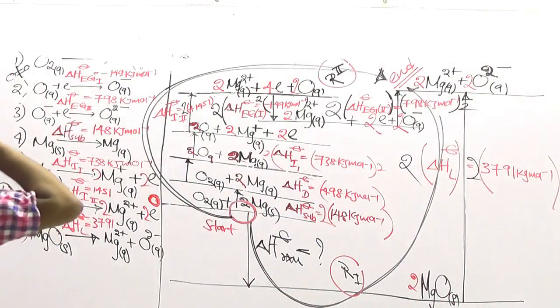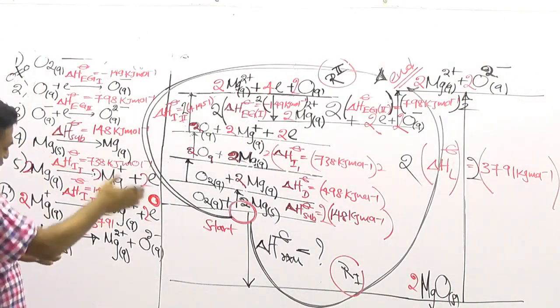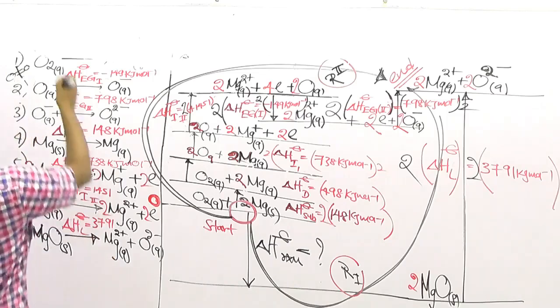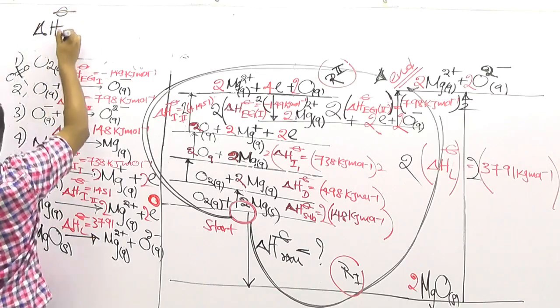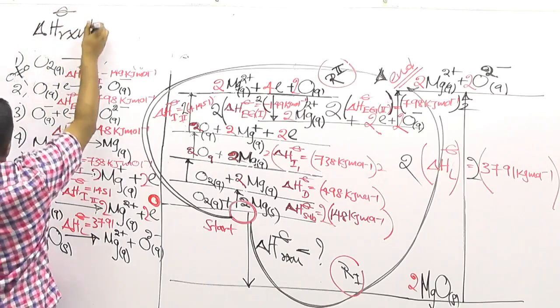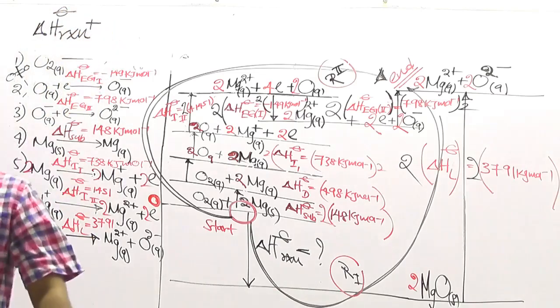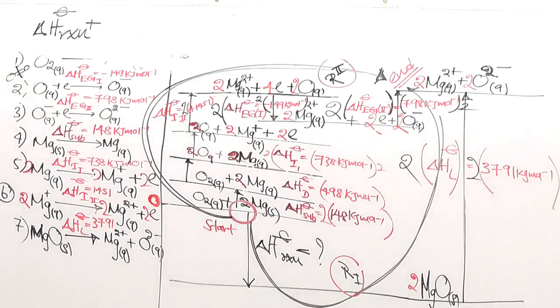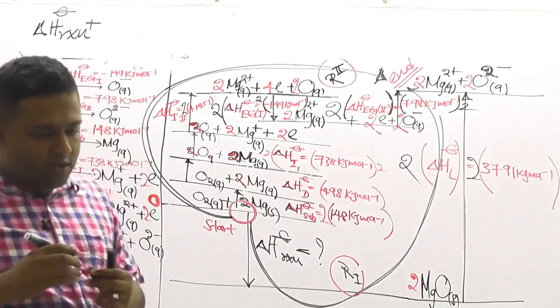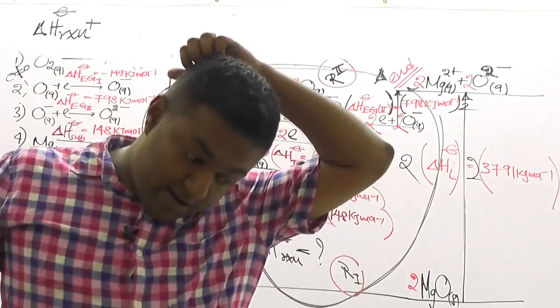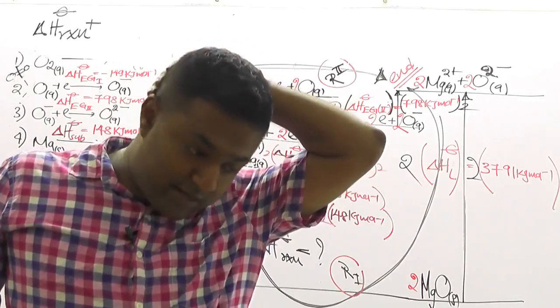So the first one, root 1, I take delta H naught reaction. You have delta H naught reaction to be calculated.